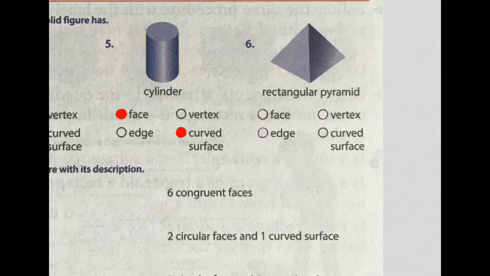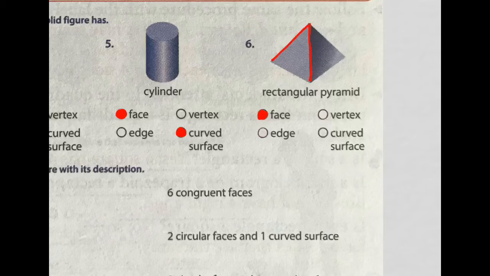Okay, you do number 6. Pause the video. Figure out number 6. And then check your answer. Okay, the rectangular prism does have a face. Down here on the bottom, there is a face. Okay. Does it have an edge? Yes, it does.